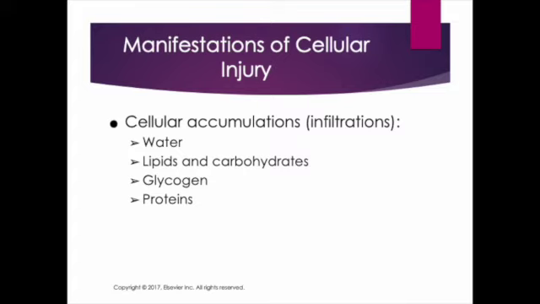Let's think about cellular accumulations or infiltrations. We have water, lipids and carbs, glycogen, and proteins. Water causes hydropic degeneration, as we mentioned earlier, and it involves the accumulation of excess water in the cells, leading to cellular swelling and dysfunction. With lipids and carbs, in certain conditions, they can accumulate abnormally, with abnormal amounts of fats and sugars.